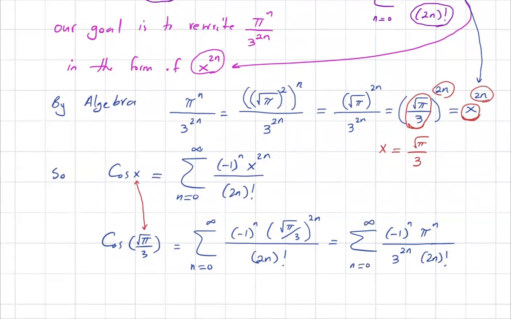To calculate cosine of square root of pi divided by 3, you can use a calculator as well to approximate this number.